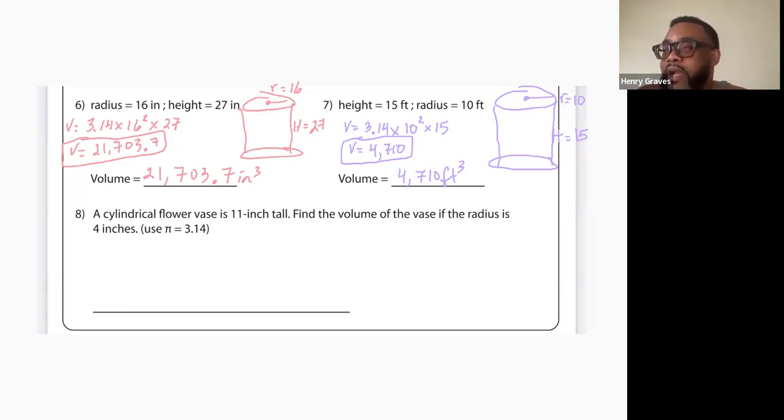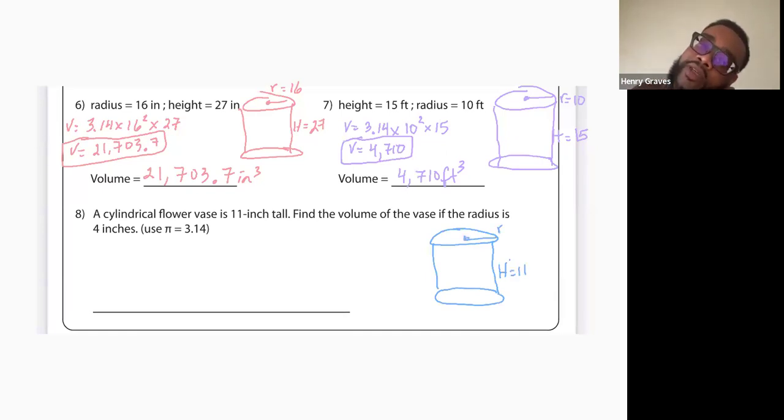Here's my figure. I'm not the best drawer, that's why I try not to do it. So I know the height here is equal to 11, and my radius here is equal to 4. So my volume is going to be 3.14 times 4 times 4 times 11.